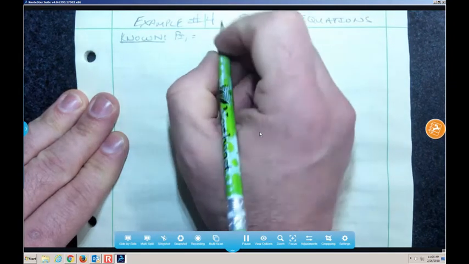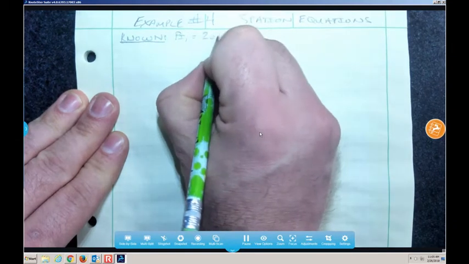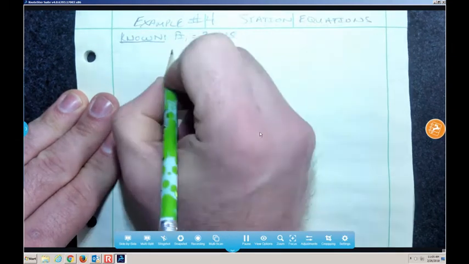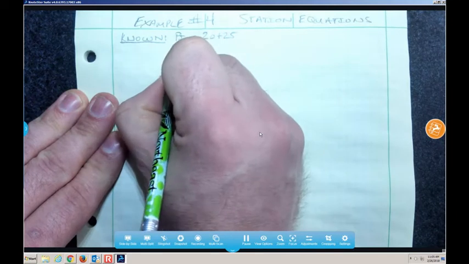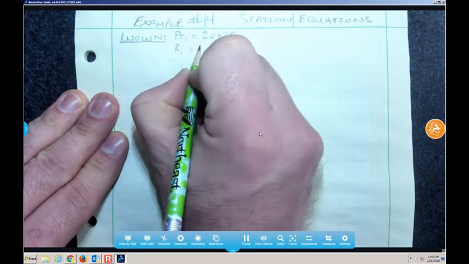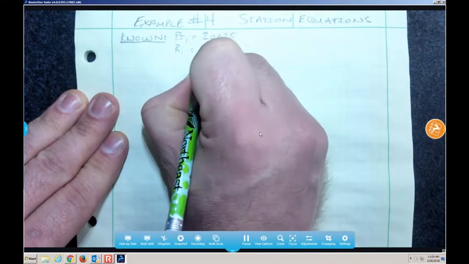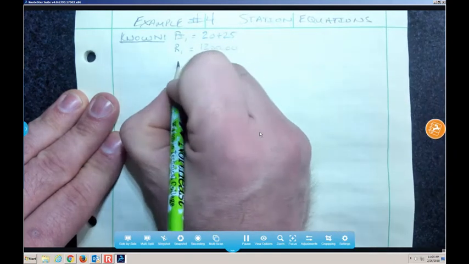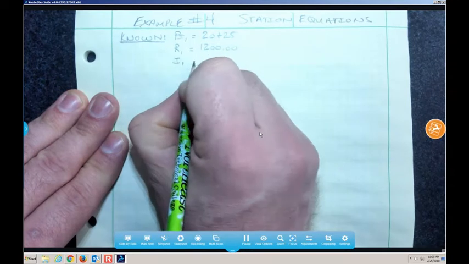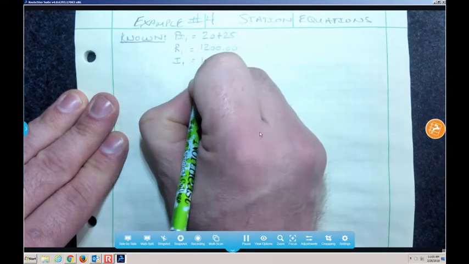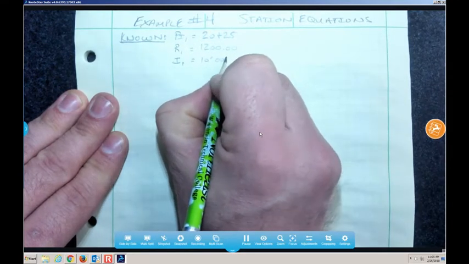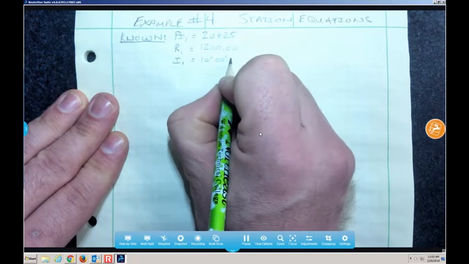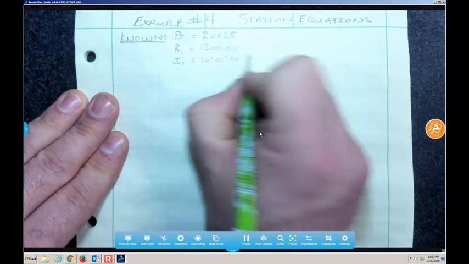PI1 is equal to 20 plus 25. Our radius 1 is 1200.00. Our I1 is 10 degrees, 00 minutes, 00 seconds.